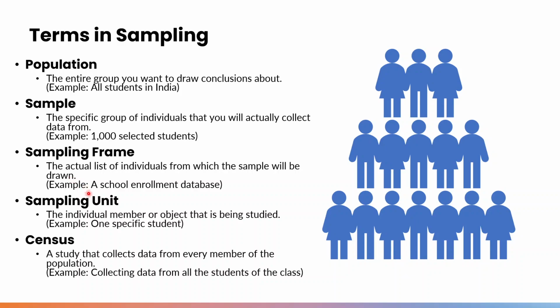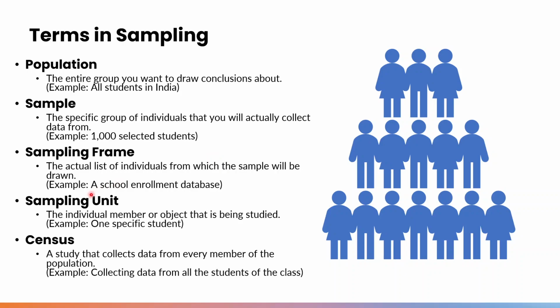So we have an enrollment database, a school or college enrollment database. From that we randomly tick certain names, right? So we are randomly picking some names from there. That list from which we are trying to collect the samples, we call it the sampling frame.